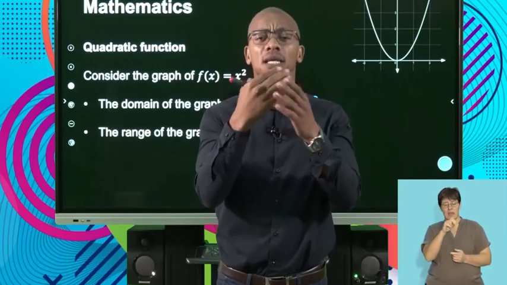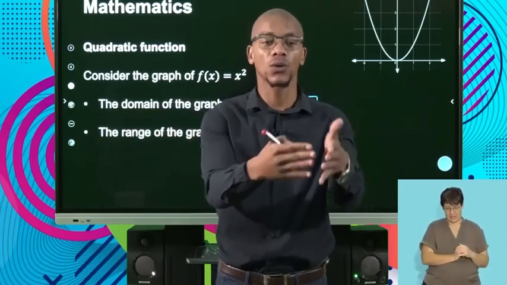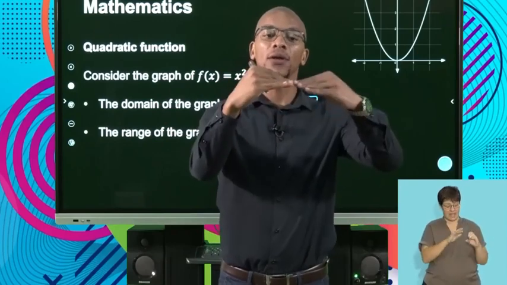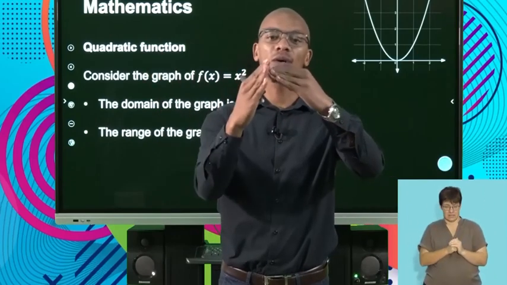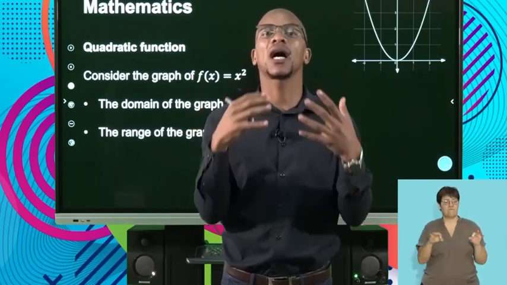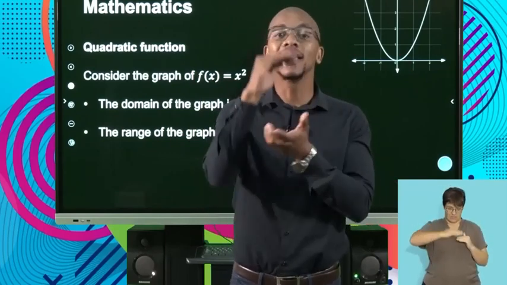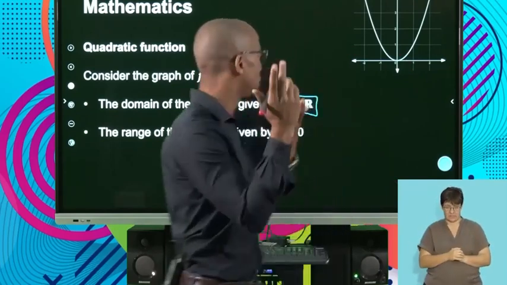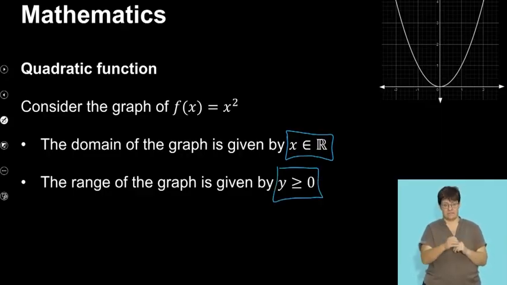Remember, domain is a set of all the input values where the graph is defined. So it means on the number line of the x-axis, whether you go to positive infinity or negative infinity, all the numbers are defined. They are all valid. But with a range, we then need to limit this, right? Remember we said all the output values are positive.